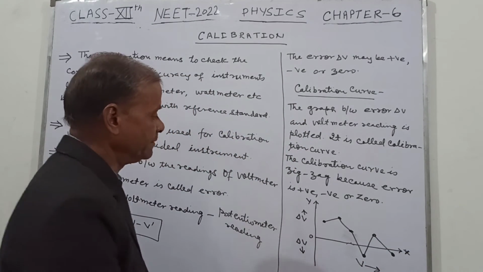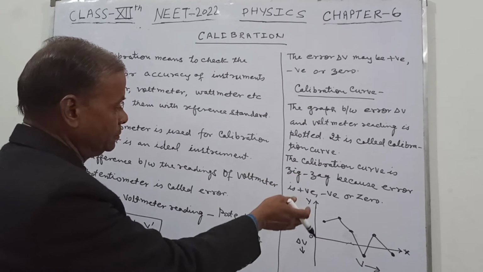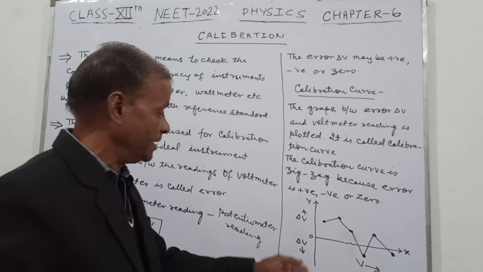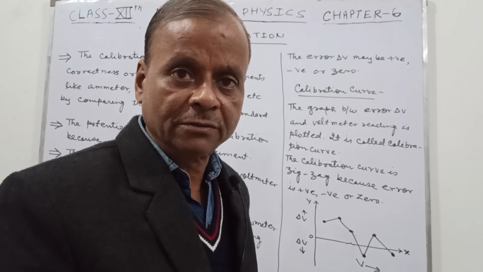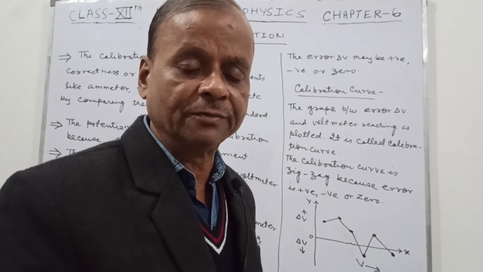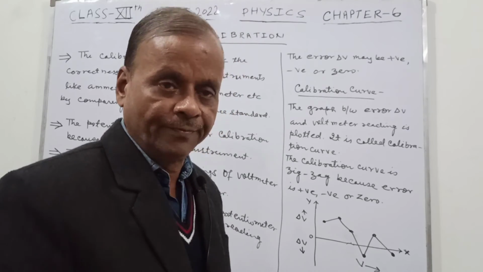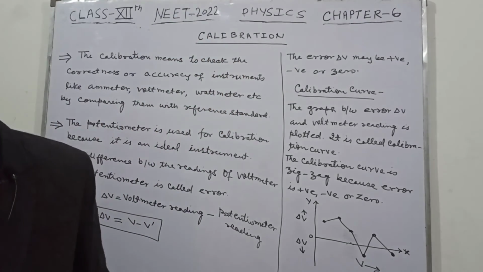This is voltmeter reading, and with the help of this calibration curve we can take any value of the voltmeter, and for that we find the value of the potentiometer.